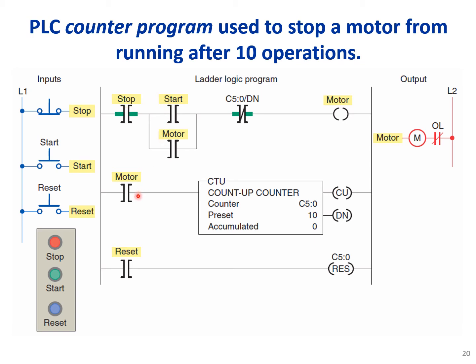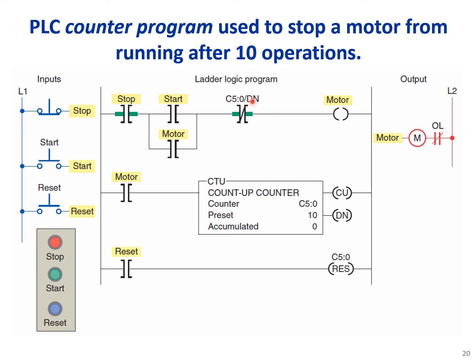When that happens, the counter will count up again and the accumulated value will go to 2. So no matter what the interval between each operation is, we only care about the number of times we have started the motor. Once it reaches 10, which is the preset value of the counter, we won't be able to start the motor again.